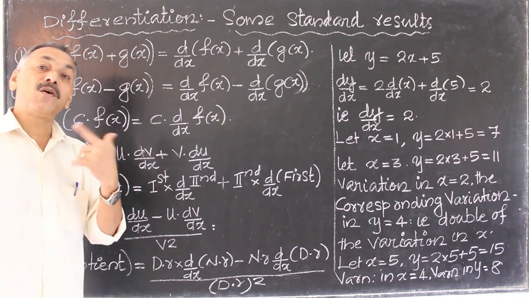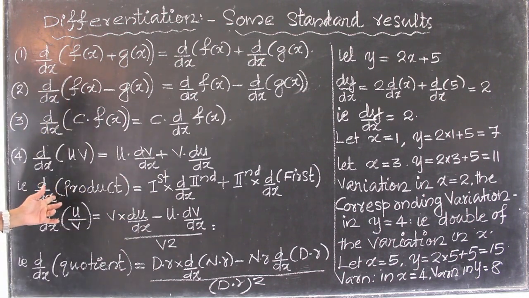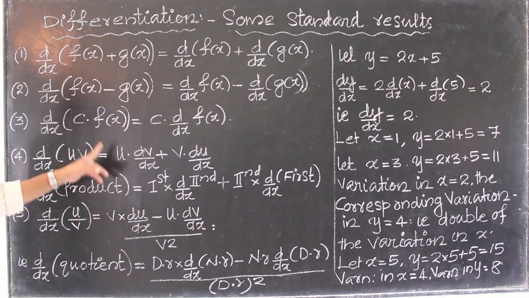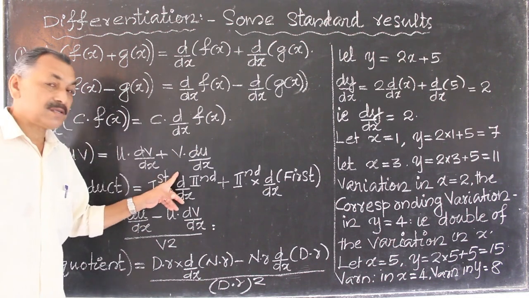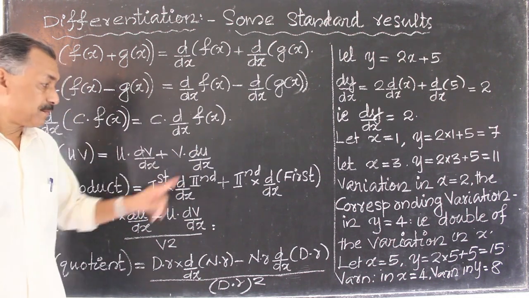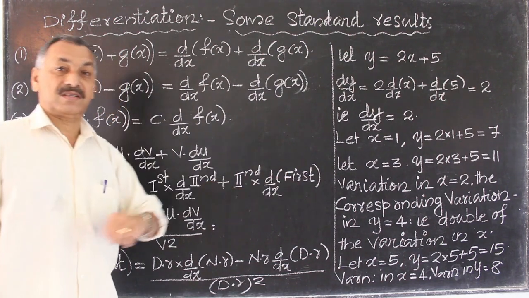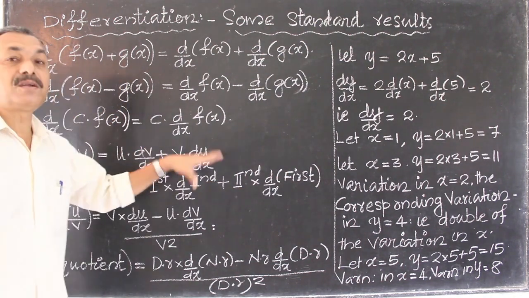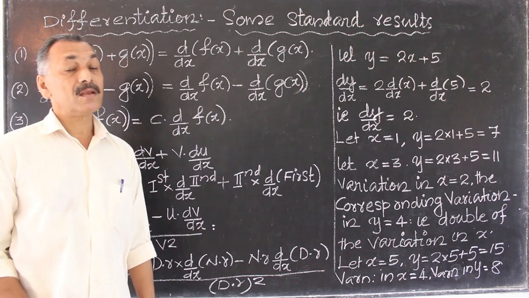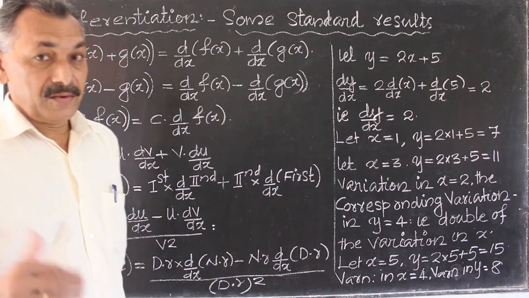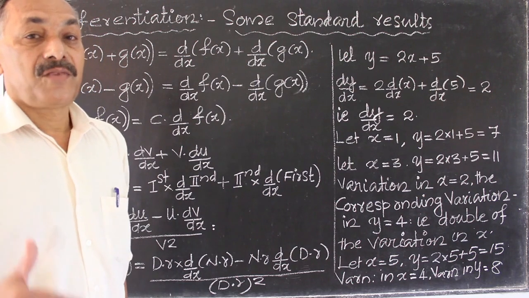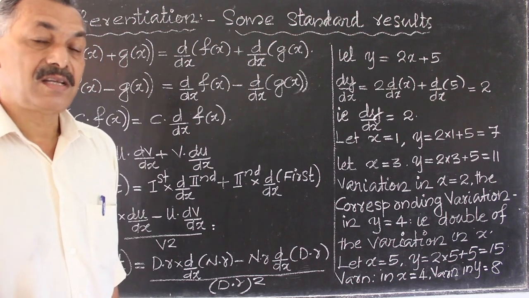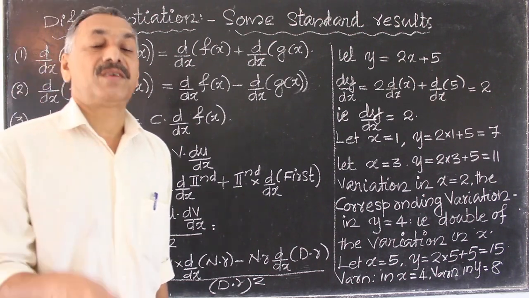The derivative of a product is equal to first function into derivative of second plus second into derivative of first. What is the derivative of a product? Derivative of a product is first into derivative of second plus second into derivative of first.